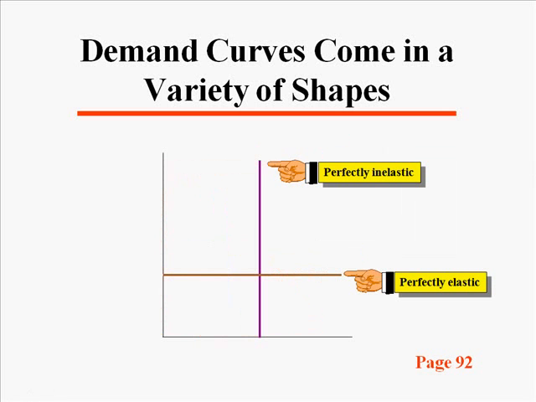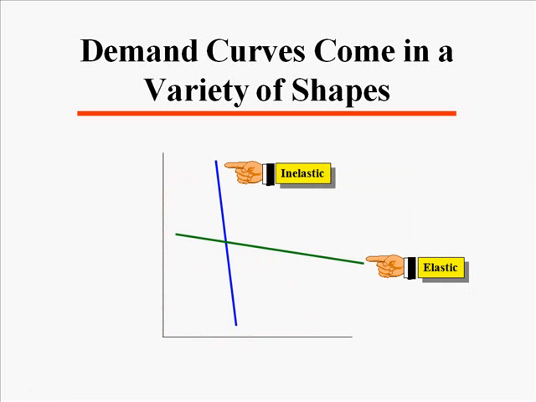So again, perfectly inelastic is vertical. Perfectly elastic is horizontal. The blue line is a little more vertical than it is horizontal, so that would be inelastic. And the green line is more horizontal than it is vertical, so that would be elastic.